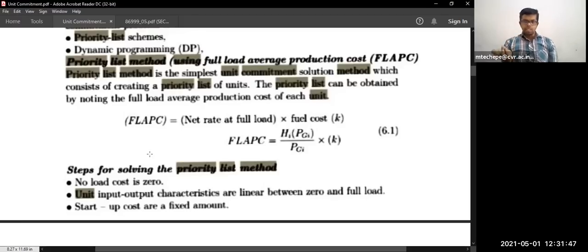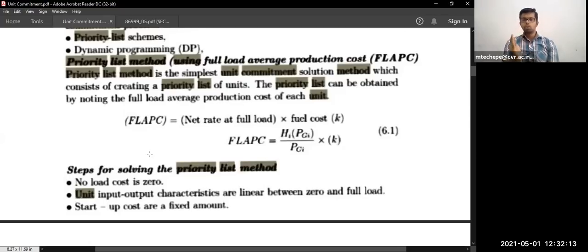No demand will be constant. You can predict the demand approximately, but power demand is never constant. It might be increasing or decreasing, but it will not be constant.